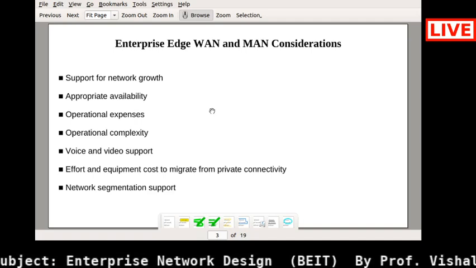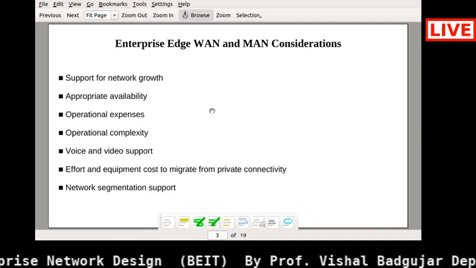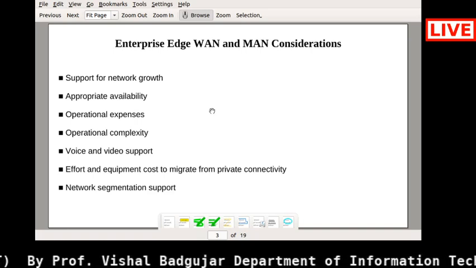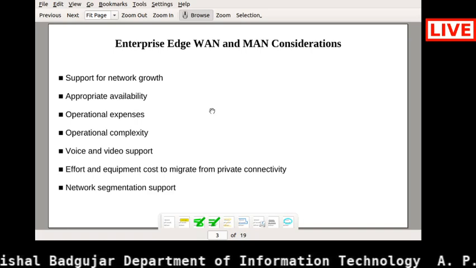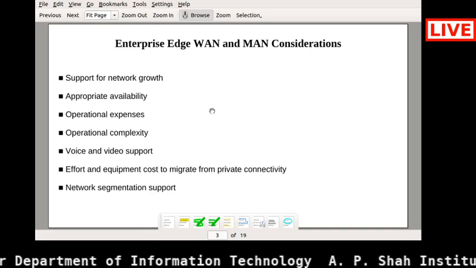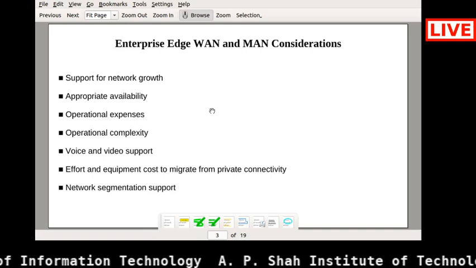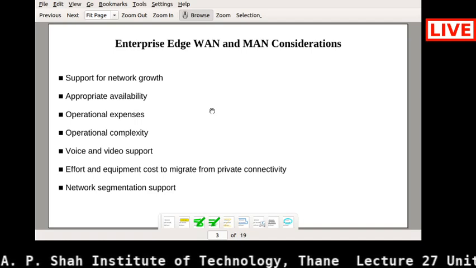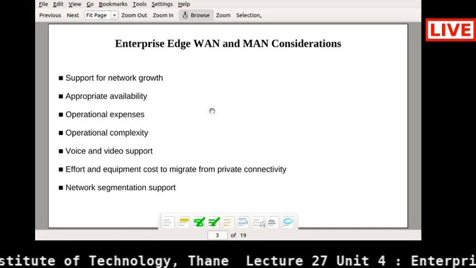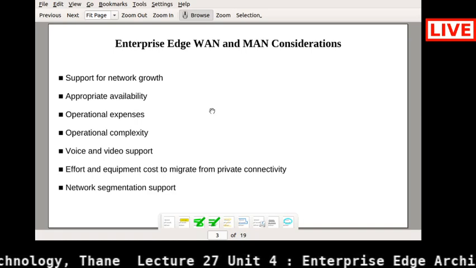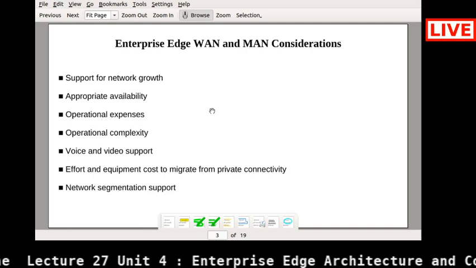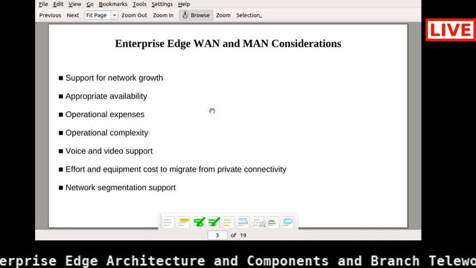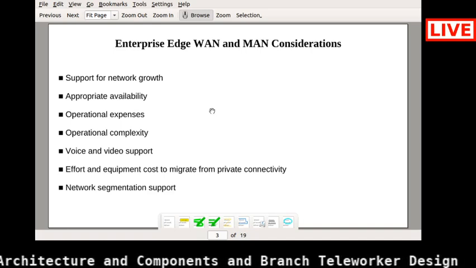Because it should be possible to add new branches to your organization, or add some remote offices, with minimal configuration of your existing infrastructure and only some small changes, if you have such technologies in your organization or campus. With lower support for network growth, it will require significantly more time, and obviously more cost, to expand your network.